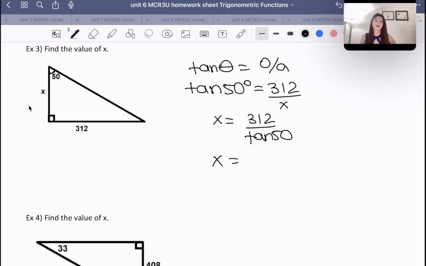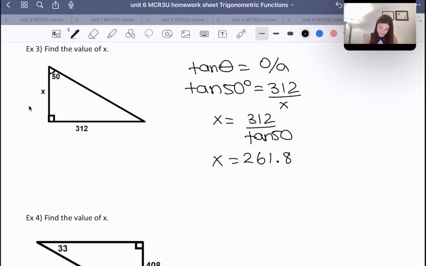Even though 312 is not the hypotenuse in this case, given where the angles are, that would make sense. So let's put that in. 312 divided by tan 50 is equal to 261.799, which I'm just going to round to 261.8. And so that is going to be our final answer, and that makes sense with what we're guesstimating there. So that's really good.